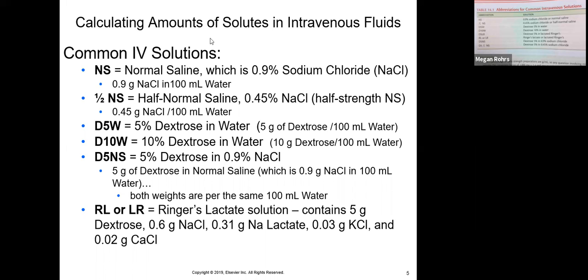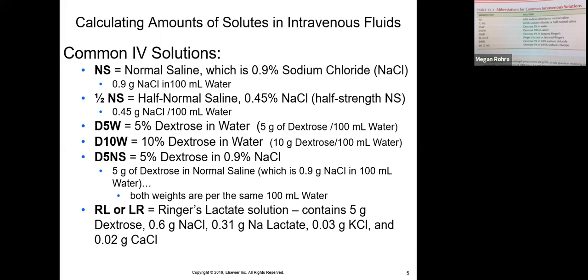So probably the most common one that we'll see is going to be NS, which means normal saline. So saline is just a saltwater solution. So normal saline has a concentration of 0.9% sodium chloride, which is table salt, in water. So remember, back to our percentage strength.